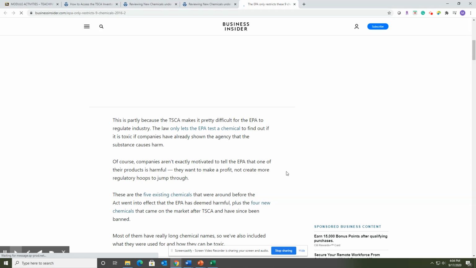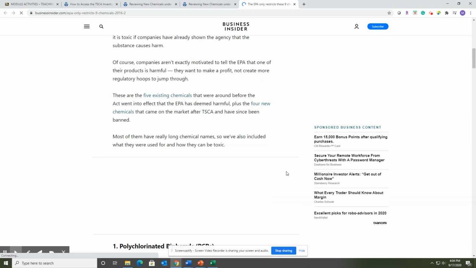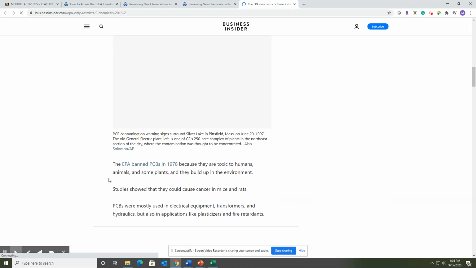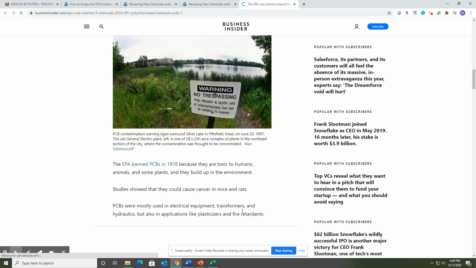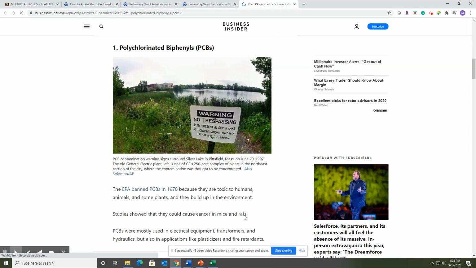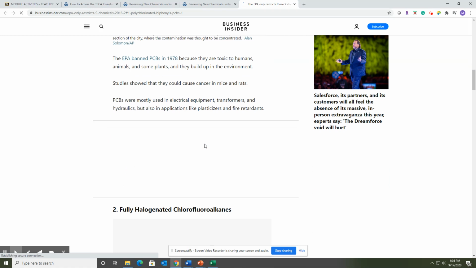PCBs. They're toxic to humans, animals, and some plants, and they build up in the environment. Well, that's bad. They were used in electrical equipment, some sort of lubrication or oil. I can't really remember. Okay, so don't drink it, don't swim in it, because there's PCBs.